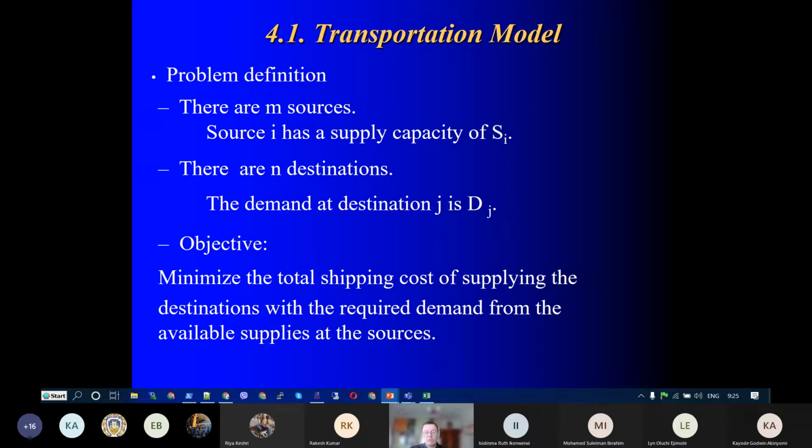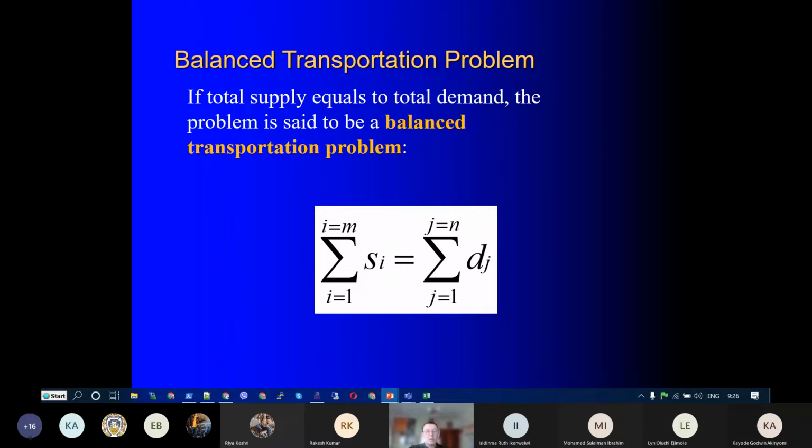The objective is to minimize total shipping cost and supply the destinations with the required demand from the available supply. What is known is the transportation cost from any source to any destination.